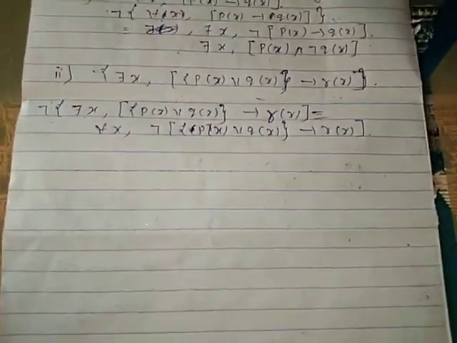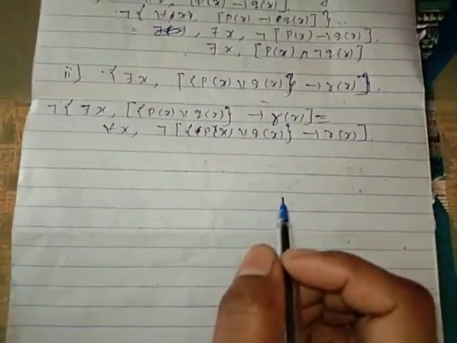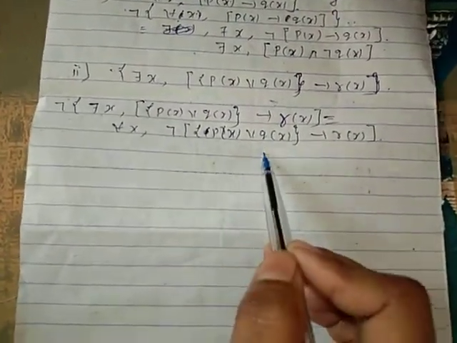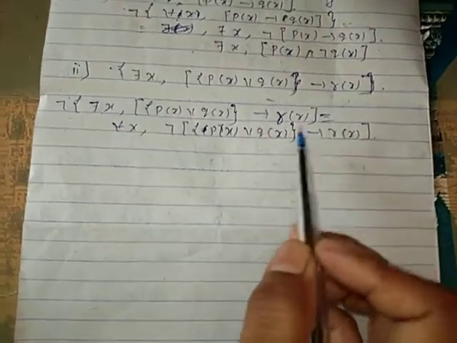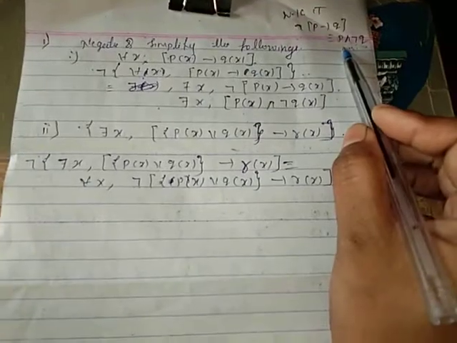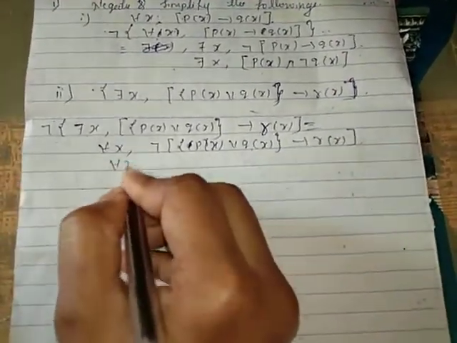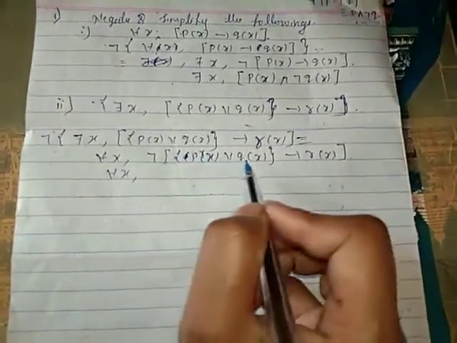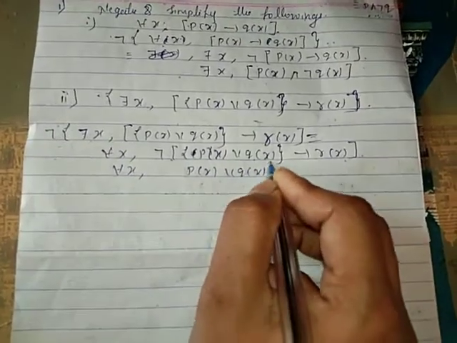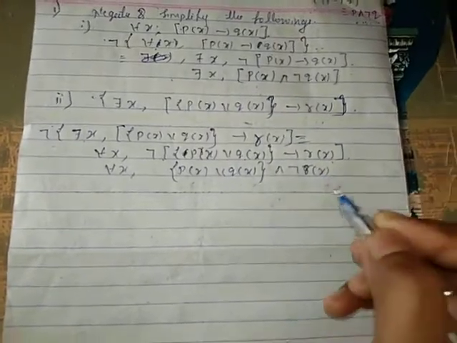So consider p of x or q of x entirely as a p. Negation of p implies q is p and negation of q. Just compare it with this property, but instead of p here it is p or q. So we write for all x, negation of p implies q is p and negation of q.